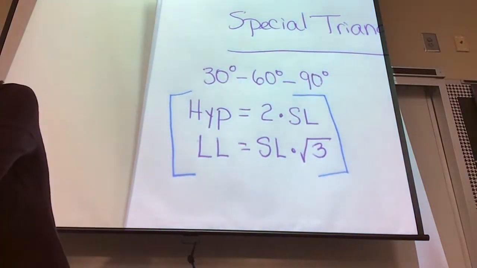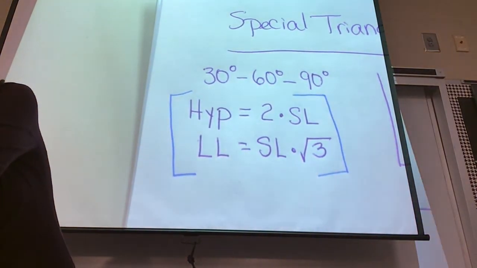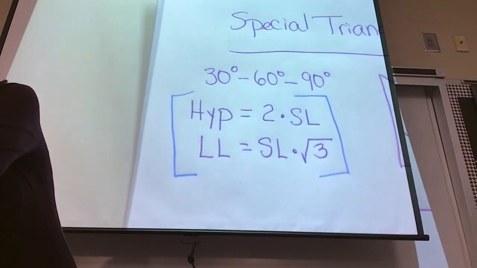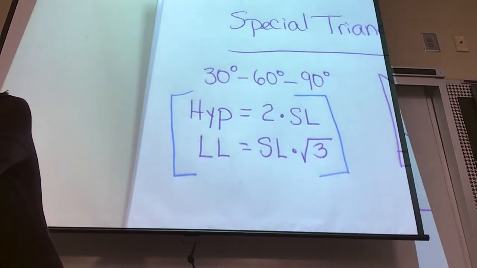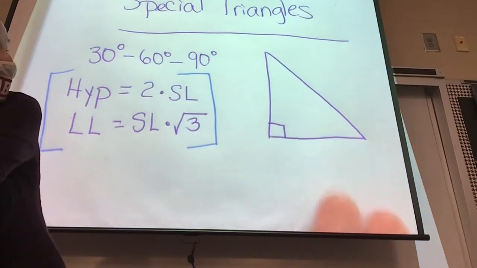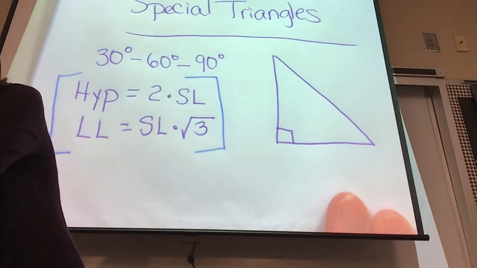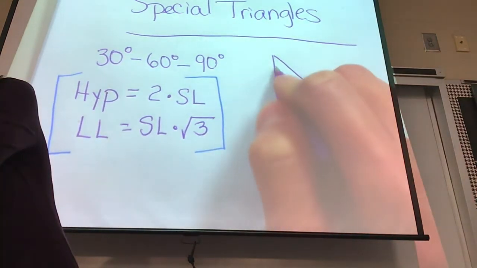Now, if I have a right triangle, that means one of my angles is going to be 30 degrees, and I've got one that's 60.